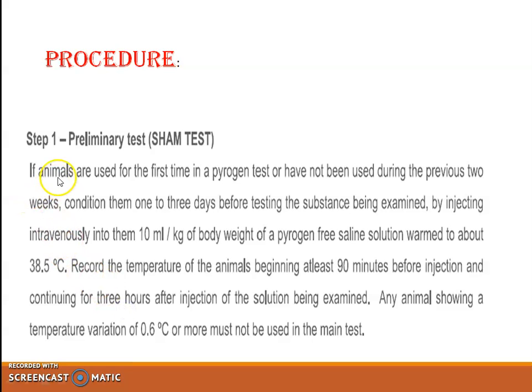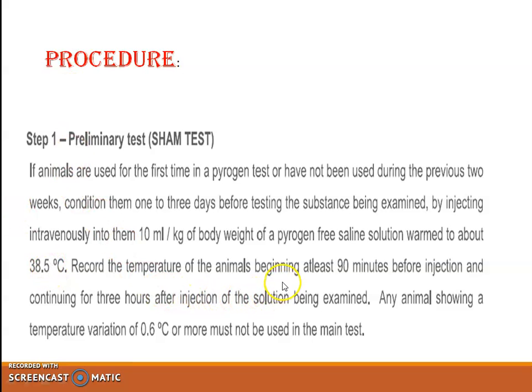The first step in the procedure is the preliminary test, which is known as the sham test. If the animals are used for the first time in a pyrogen test or have not been used during the previous 2 weeks, condition them 1 to 3 days before testing the substance being examined by injecting intravenously 10 ml per kg of body weight of pyrogen-free saline solution, warmed up to 38.5 degrees Celsius.